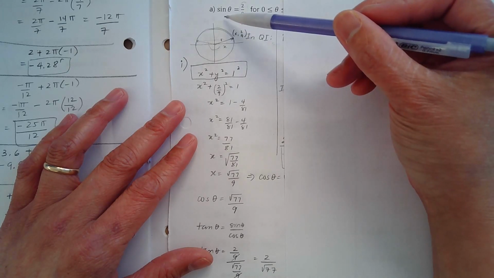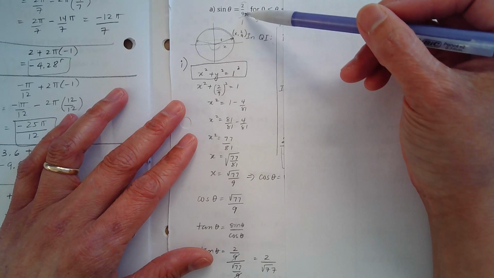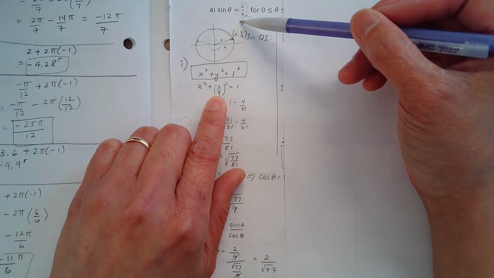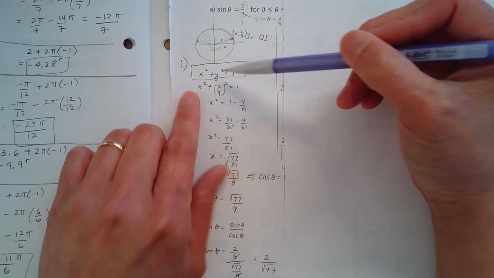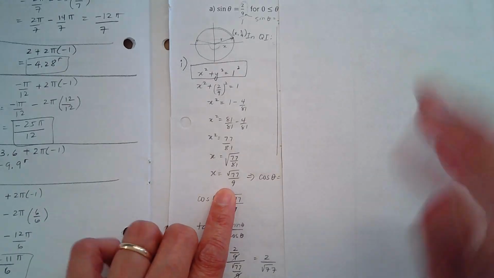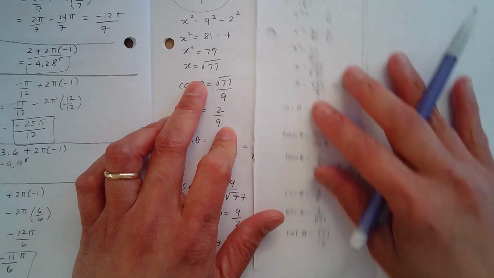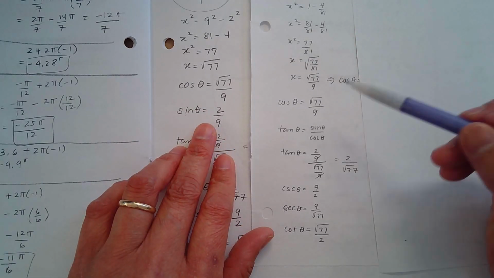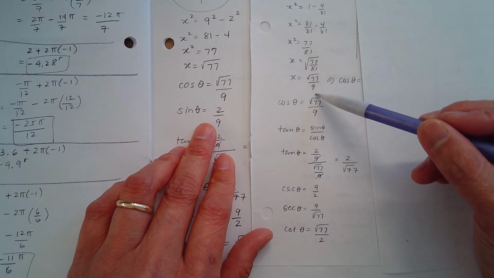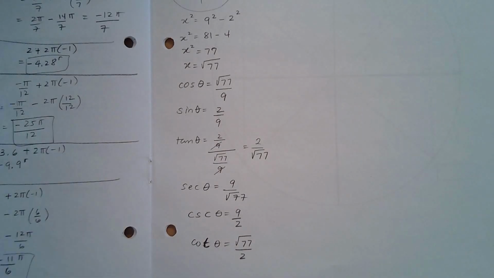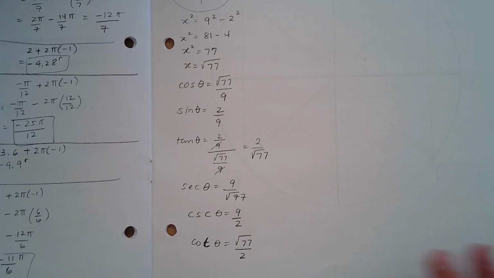Because sine theta equals 2 over 9, that's the y, I took that as the whole y value. And then the radius is 1. Did we get the same answer? Yeah, we got the same answer, right? So x would be root of 77 over 9. So, just to show you that I've done it differently as well.